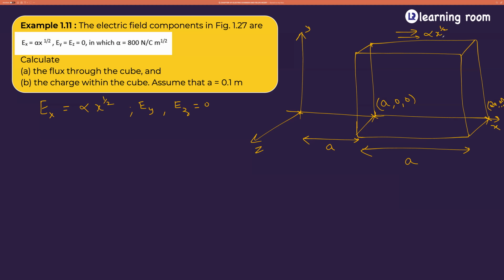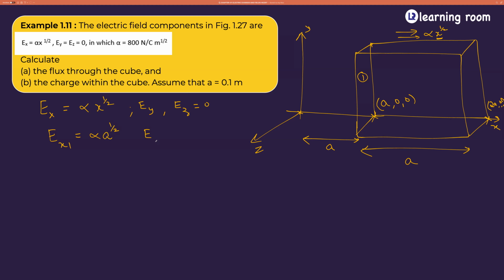Since electric field is varying as a function of x, what is going to be the value of electric field along the x direction at the first face? It is going to be alpha into, in the place of x, I'm supposed to substitute A. So alpha into A power half.